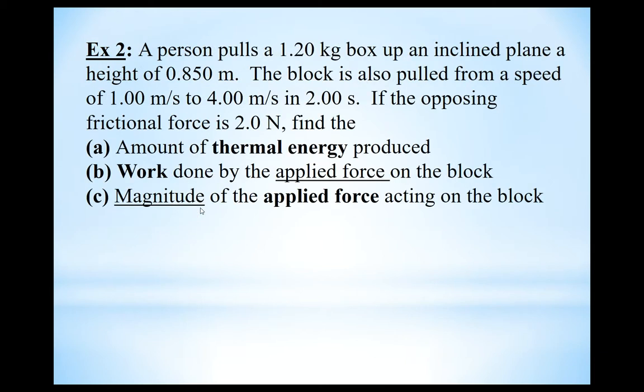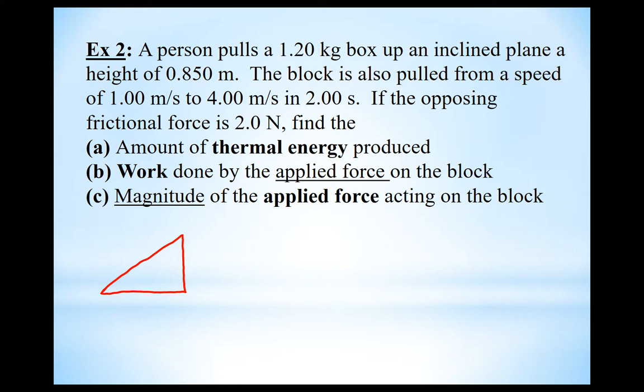Okay, the second one is going to be a bit more complicated. A person pulls a 1.2 kilogram box up an inclined plane, a height of 0.850 meters. So let's sketch a picture to show what's going on here first. Let's draw an inclined plane. And let's say we have a box.